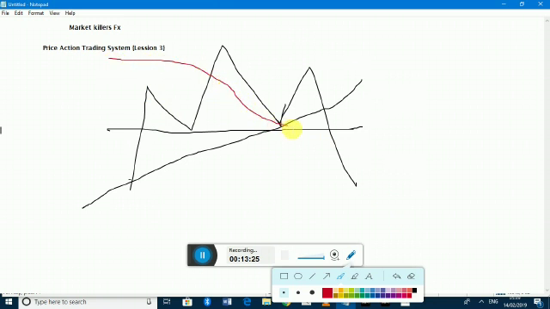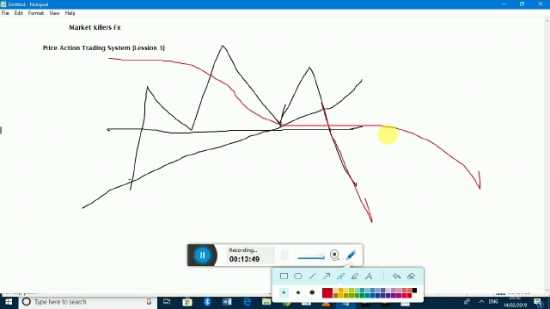Let me just redraw it because it's a mess. So we'll have head and shoulders. Our support level will be there, and then our moving average of 14 will be there.